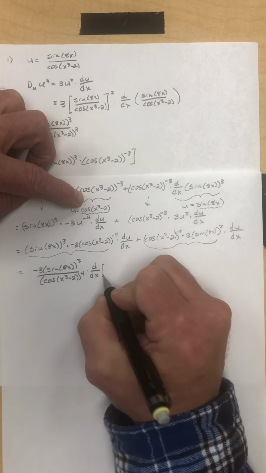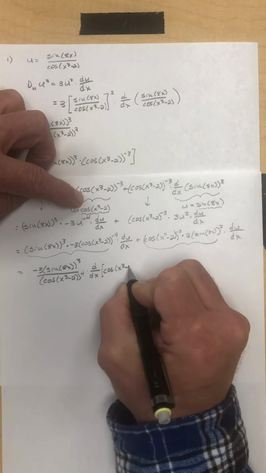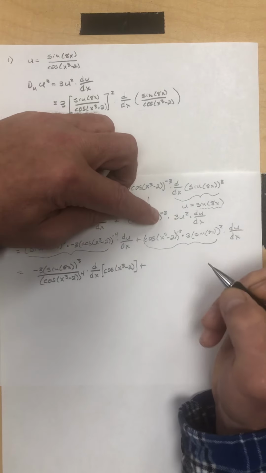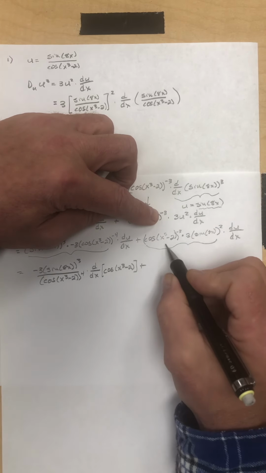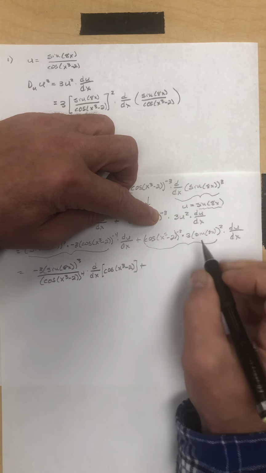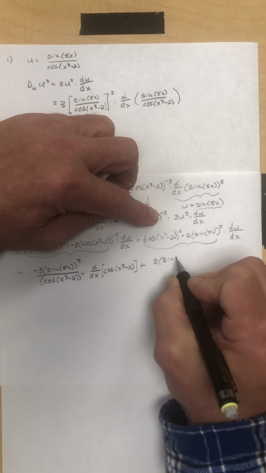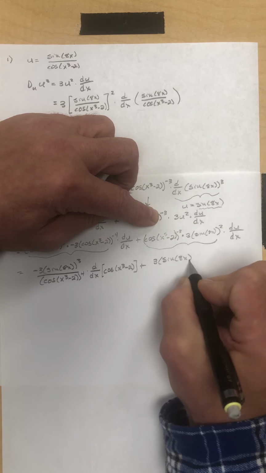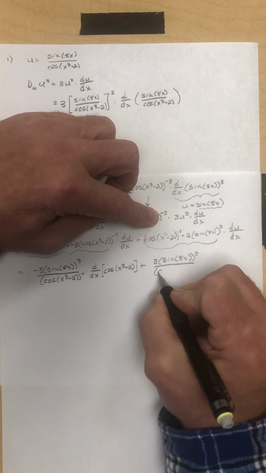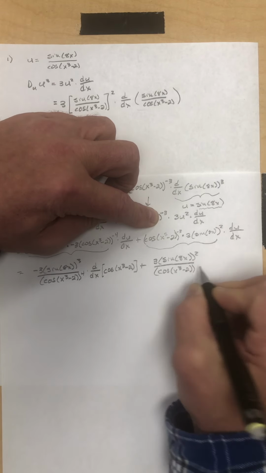So taking the derivative of cosine of x cubed minus 2, plus, over here, all I have to do is put this down below and make it the positive third power, so this all stays up above. So we have 3 times the sine of 8x squared all over the cosine of x cubed minus 2 to the third power.